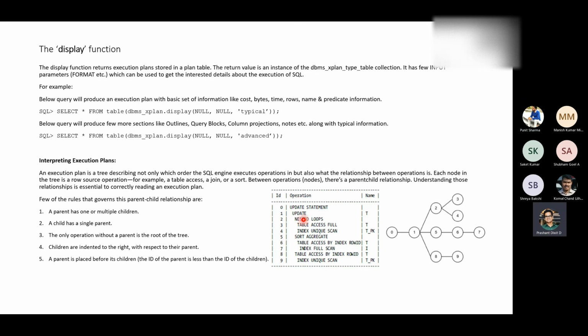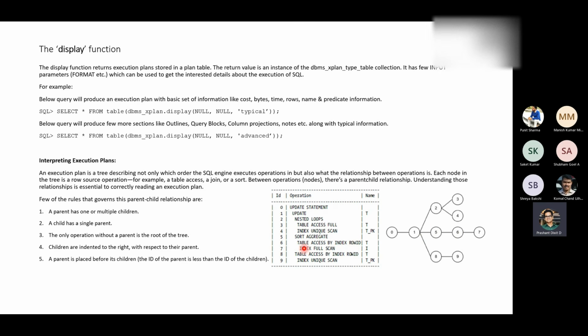Next, at the same level as the nested loop, is the sort aggregate, ID 5. So it becomes the next child of this parent 1, right? Update's first child was the nested loop, and the second child now is sort aggregate. Now if you check the sort aggregate, it has a next child, table access by index rowid. So ID 6 becomes a new child of parent 5.